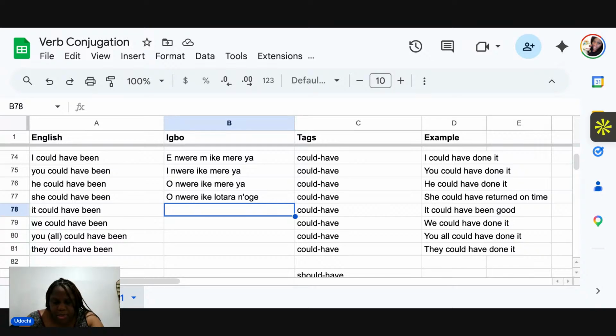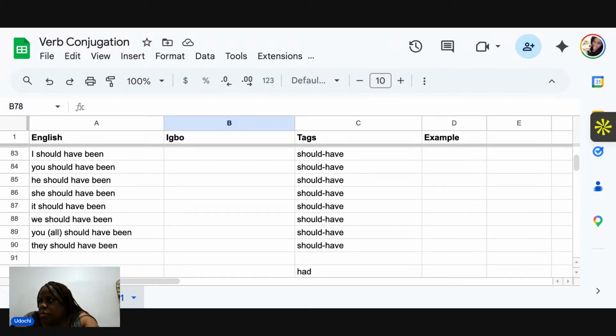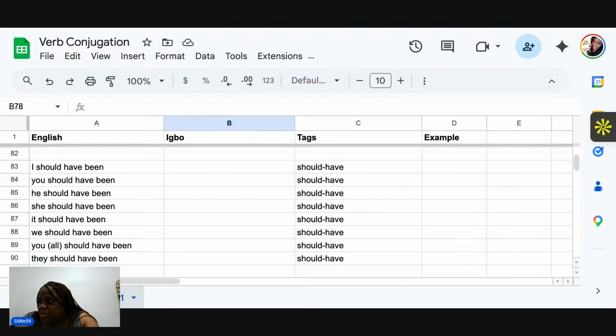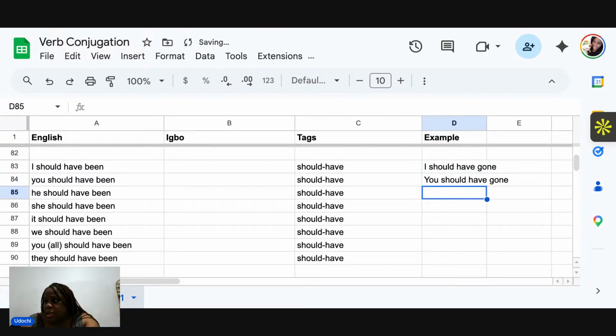Let me think. Should have. Let's come up with some sentences for "should have." I should have gone. You should have gone. He should have gone.